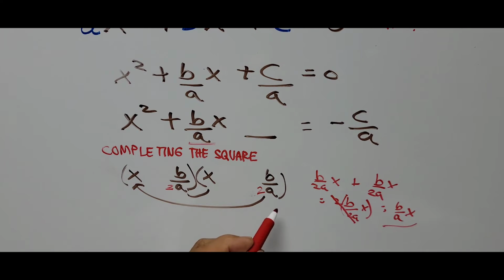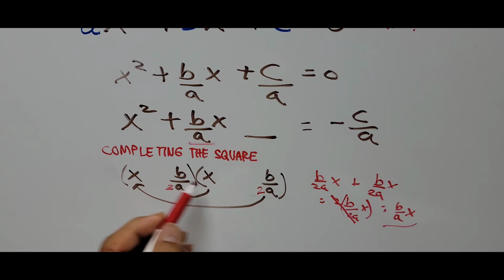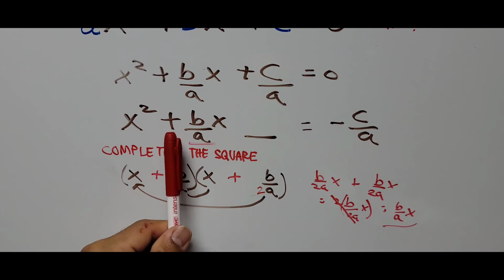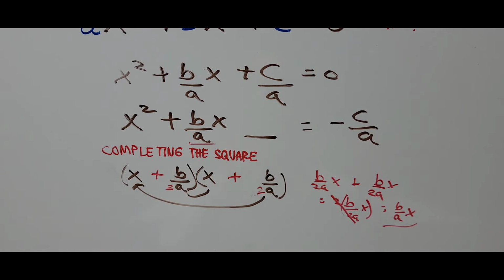So we have to adapt this one right here. If you have to make this a perfect square, the sign right here is positive, since the sign of the second term is positive. So this makes the two factors over here x plus b over 2a, squared.